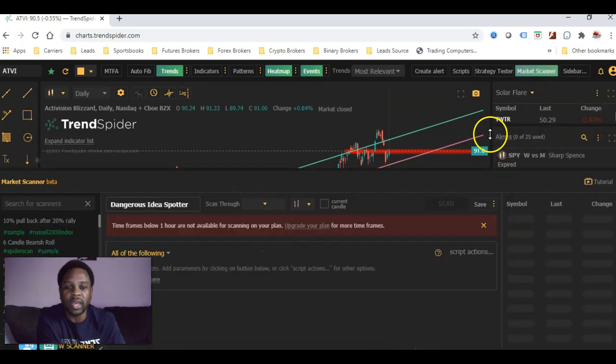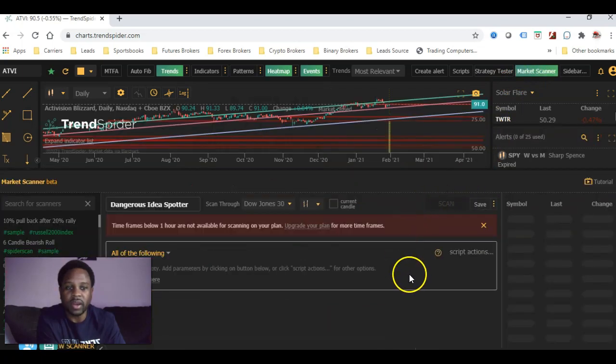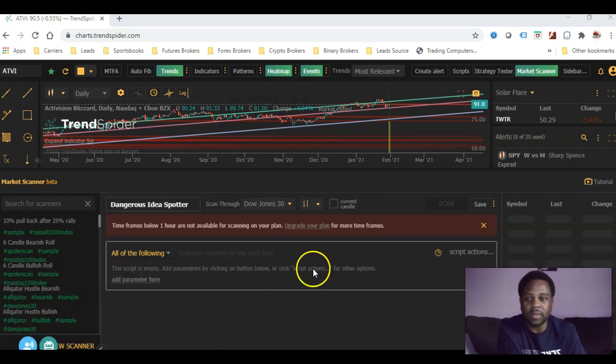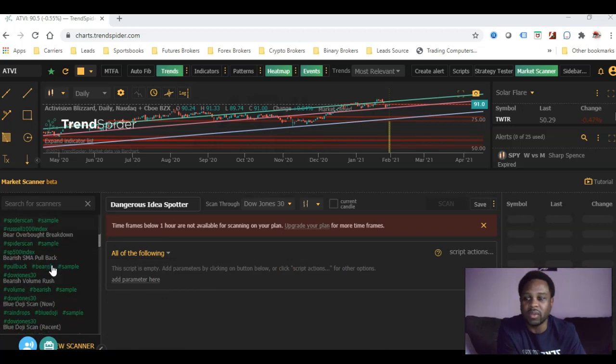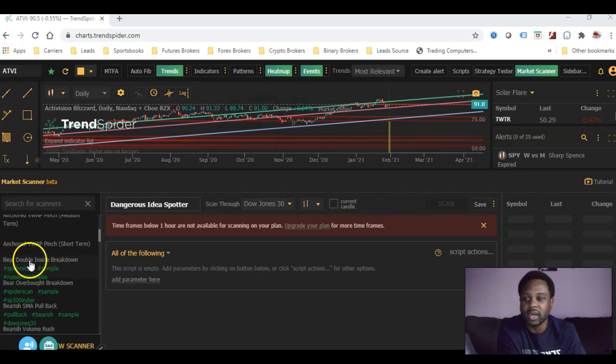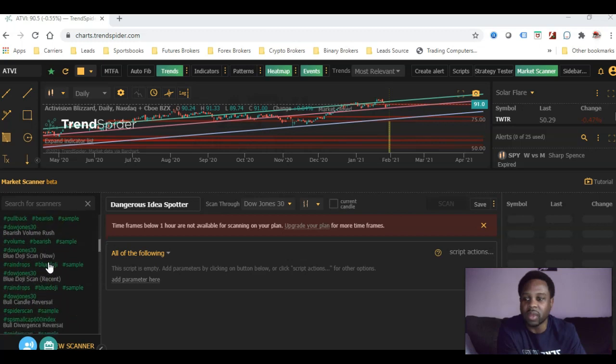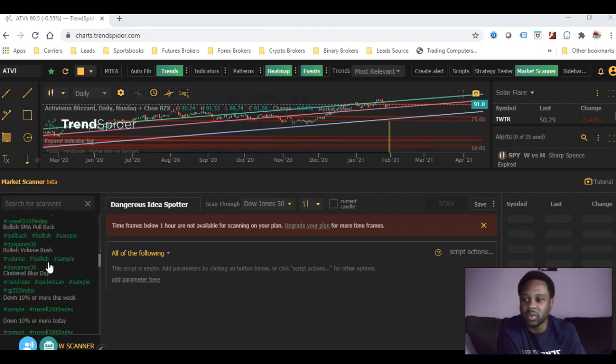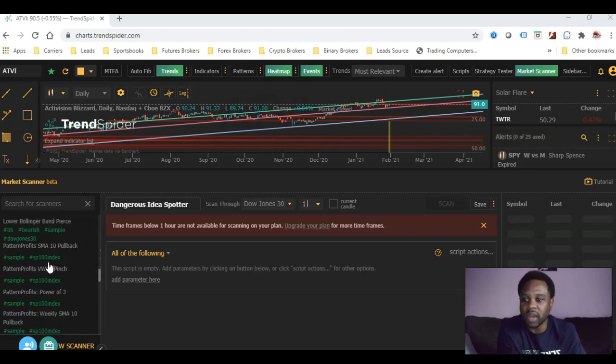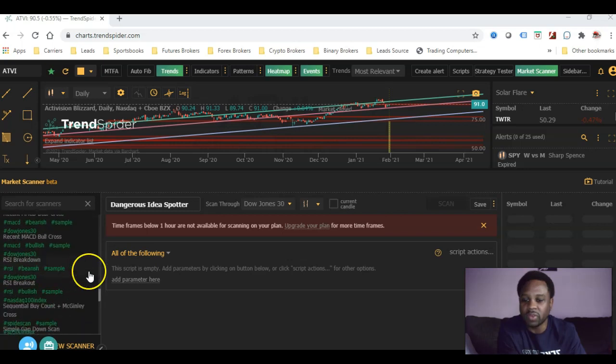Go back to market scanner there, and of course, I don't think it saved it from before. It did not. But anyway, you can kind of play around with it and look at different types of stocks that are going to be on the list. And all of these different options you can see over here on the far left, you can go ahead and scan on that.